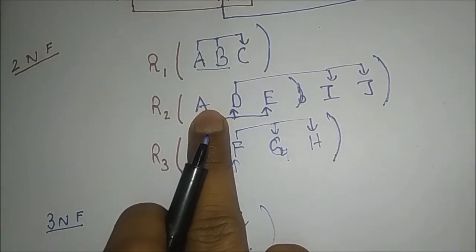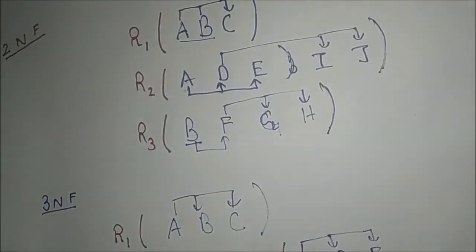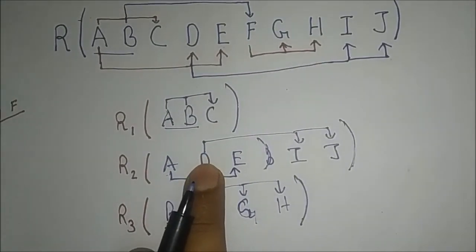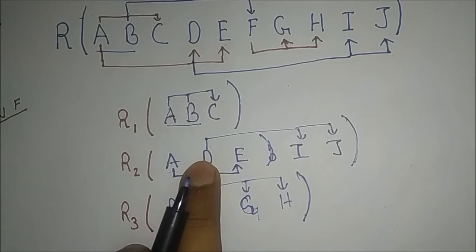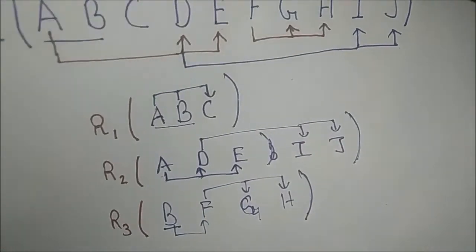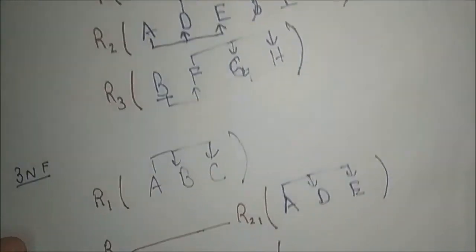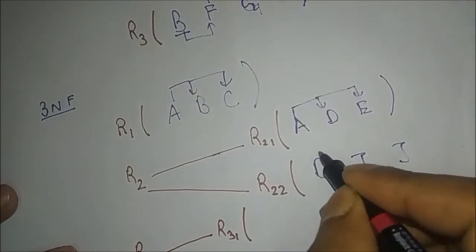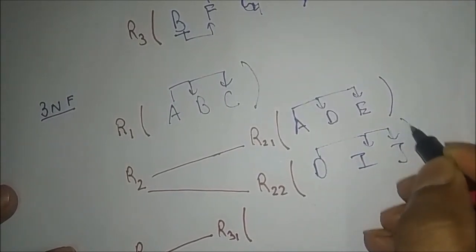But see here, D is a non-prime attribute. As I told you earlier, a non-prime attribute depending on another non-prime attribute is a clear-cut case of transitive dependency, which 3NF does not allow. So from D we will get I and J.